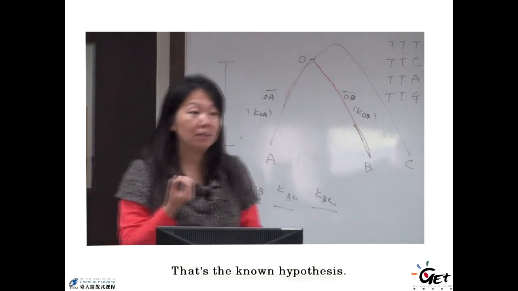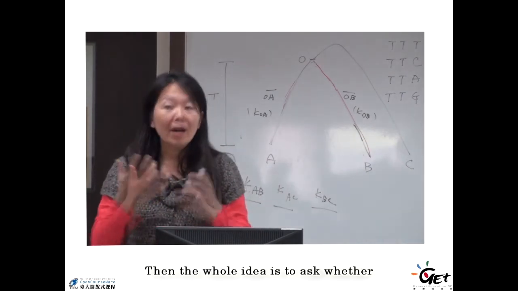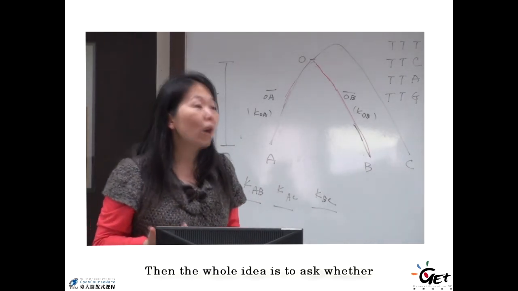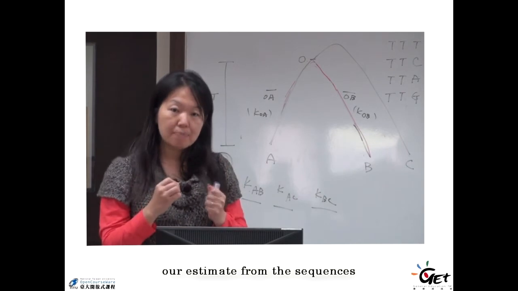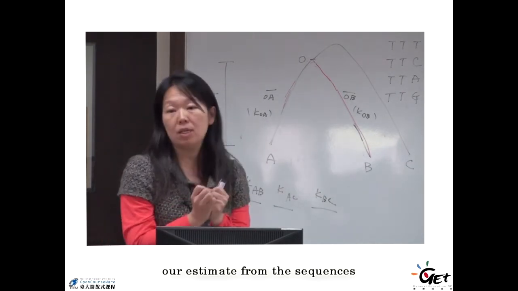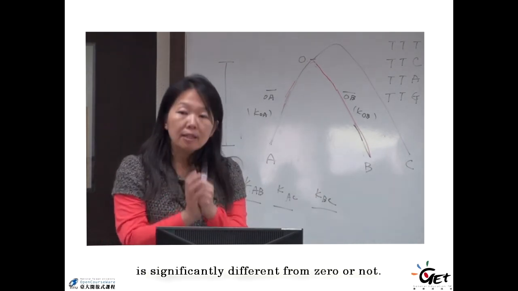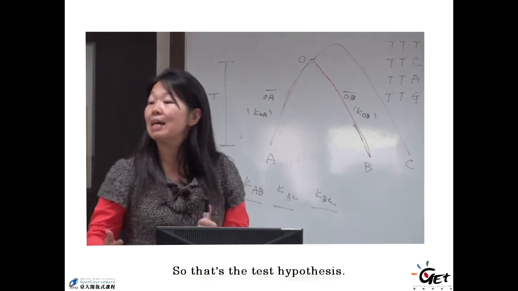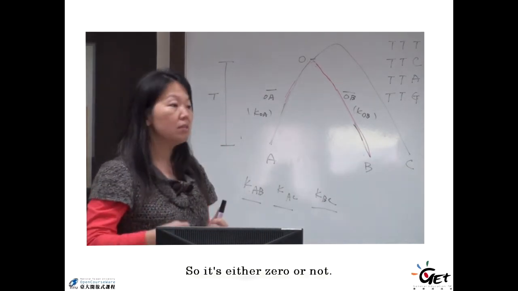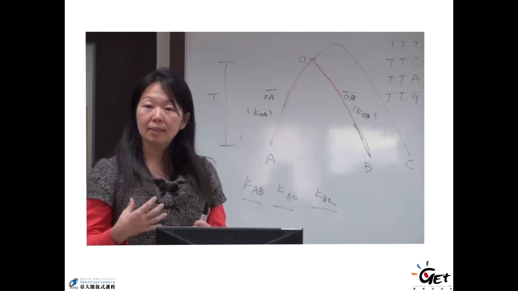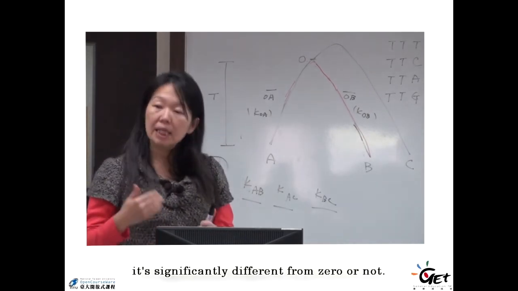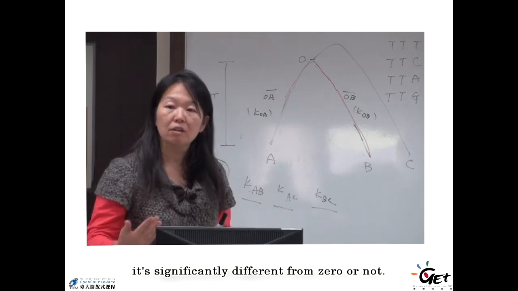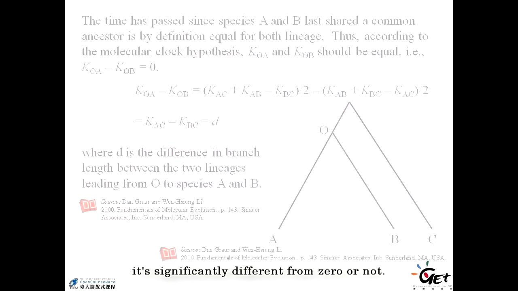Then the whole idea is to ask whether our estimate from the sequences is significantly different from zero or not. So it's either zero or not.